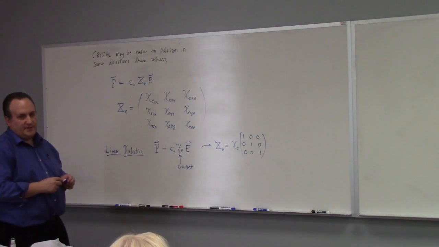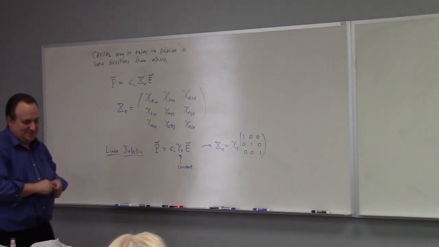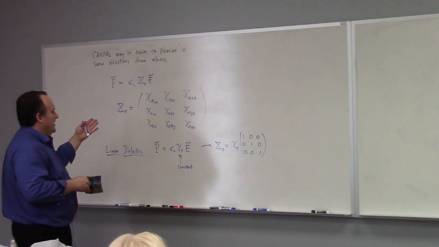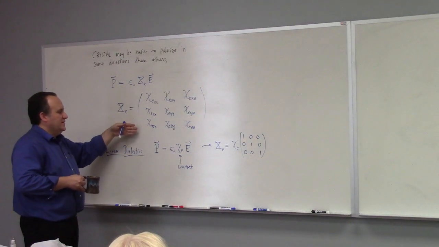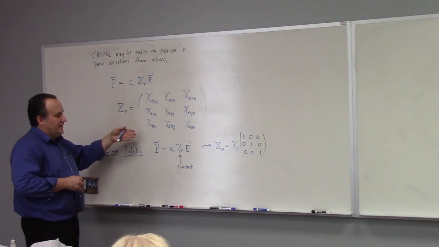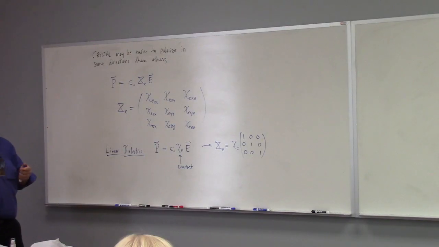So there you go. I'm adding unnecessary and physically unhelpful mathematics to Griffiths right now to feel like I did something today. I hope you appreciate that. But more generally, if you had this for an interesting crystal, the problem would be to find the eigenvalues and eigenvectors. Those would give you principal directions in which you could polarize the crystal.